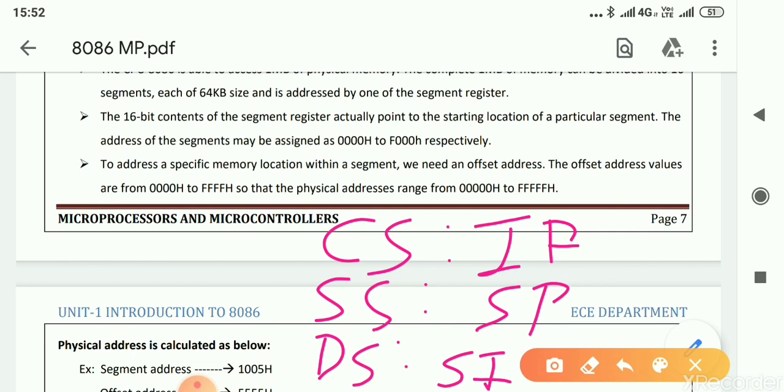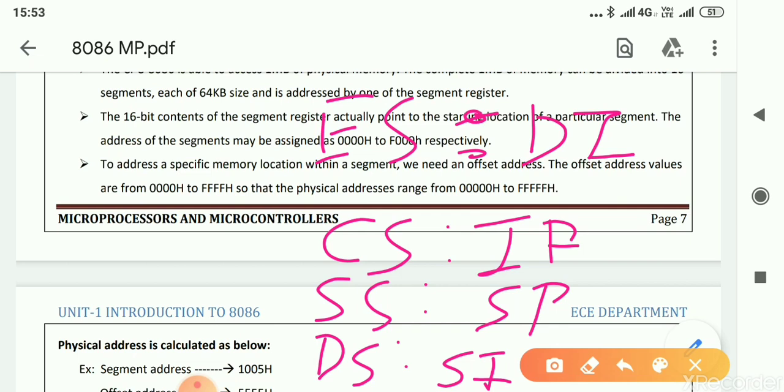So SI always contains the offset address of the data segment, and for the extra segment there is another index, that is the destination index. So for the extra segment, the offset address is always contained by the DI register. Okay, so the extra segment is always combined with DI, the code segment is always combined with the instruction pointer, the stack segment is always combined with the stack pointer, and the data segment is always combined with the source index.